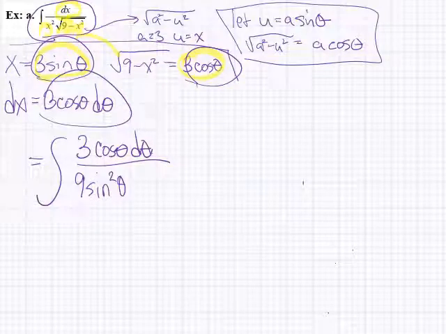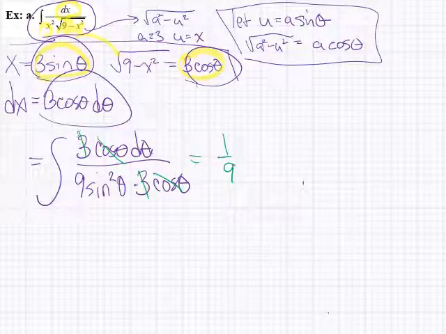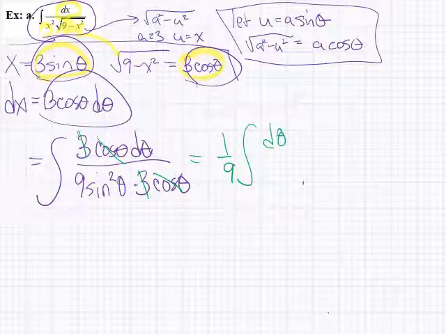And the square root is equal to 3 cosine theta. And now it's time to do this integral instead. Well, this 3 and this 3 would cancel. This cosine and this cosine would cancel. And so ultimately I would get the 1/9, I could pull the 9 out, times the integral of d theta over sine squared theta.